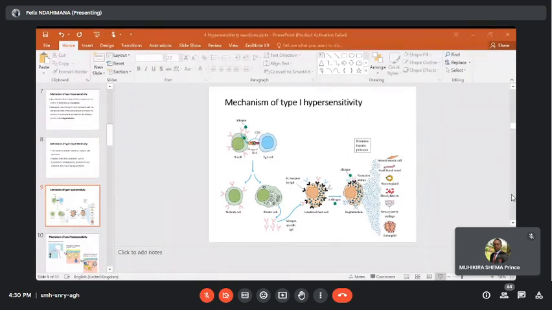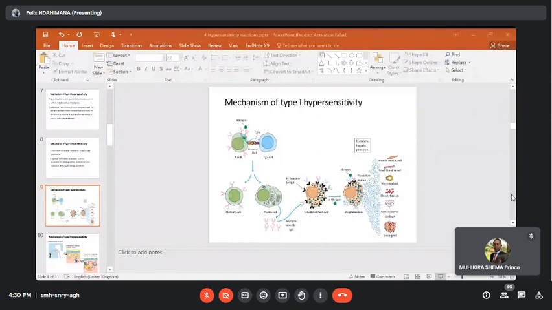Those antigen presenting cells express major histocompatibility class 2, which will bind the antigen, in this case the allergen.